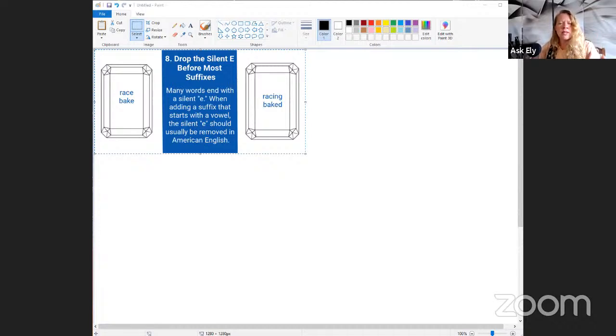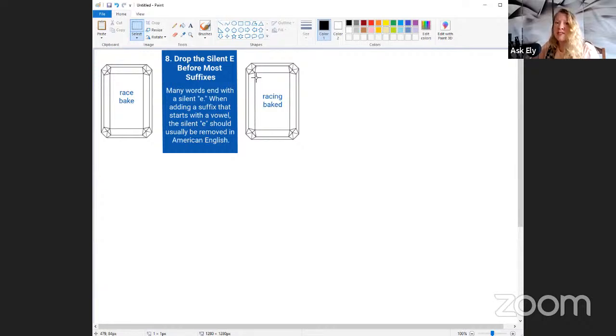Okay, so many words with silent E, when adding a suffix that starts with a vowel, silent E should usually be removed in American English. We're talking American English, remember. So if we look at race, race becomes racing, okay? So the suffix is the thing that goes at the end of the word, right? So if you hear the word suffix, S-U-F-F-I-X, that's something that is added to the end.